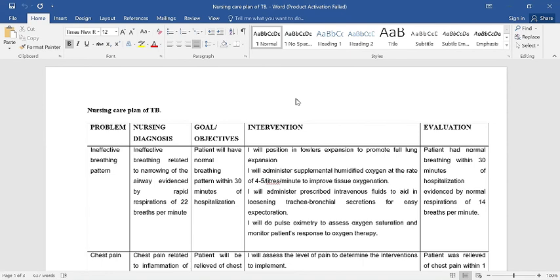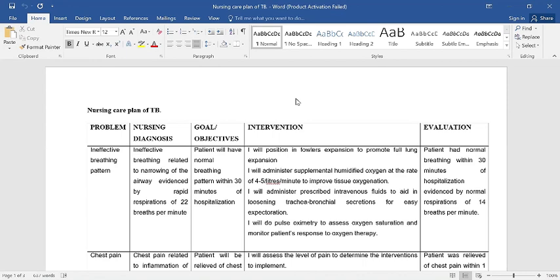This is because there is inflammation in the airway, and there's also buildup of secretions in the airway, the lungs, everything inclusive there. So you find that because of that, we can identify a nursing problem, which is ineffective breathing pattern. Ineffective breathing pattern. So that is our nursing problem.